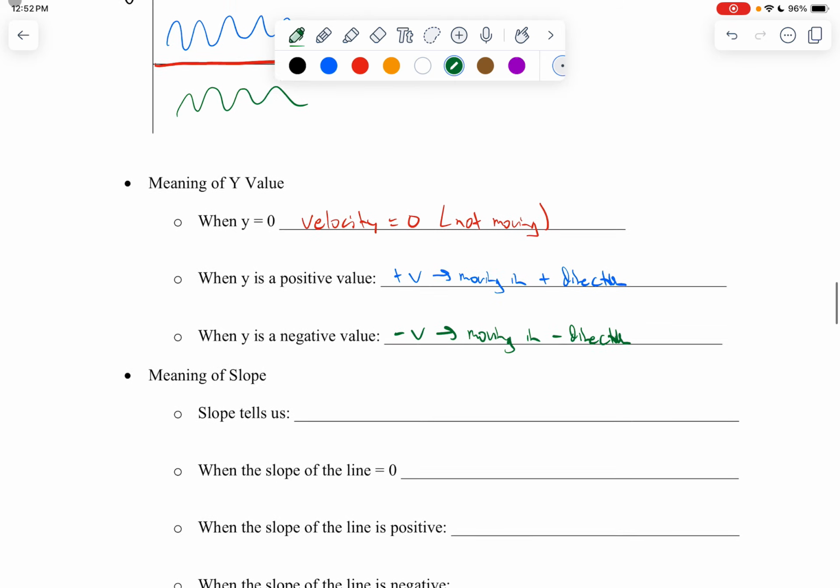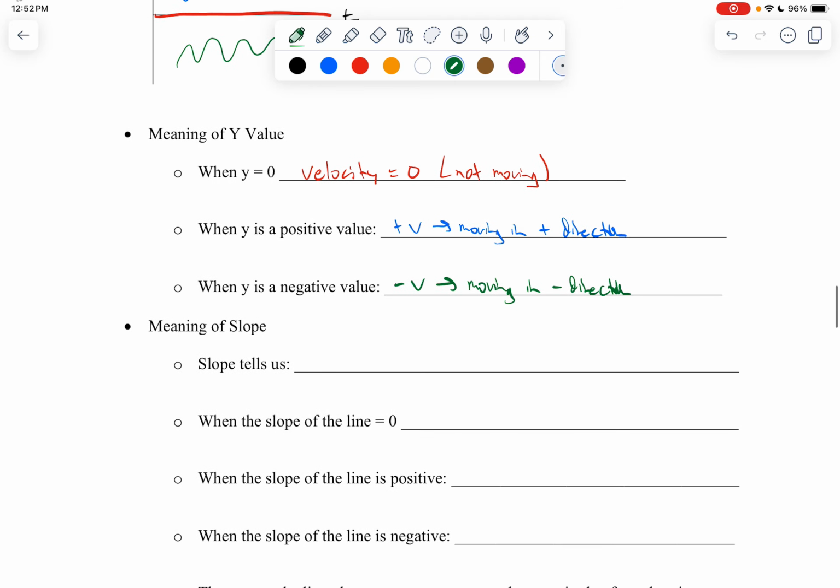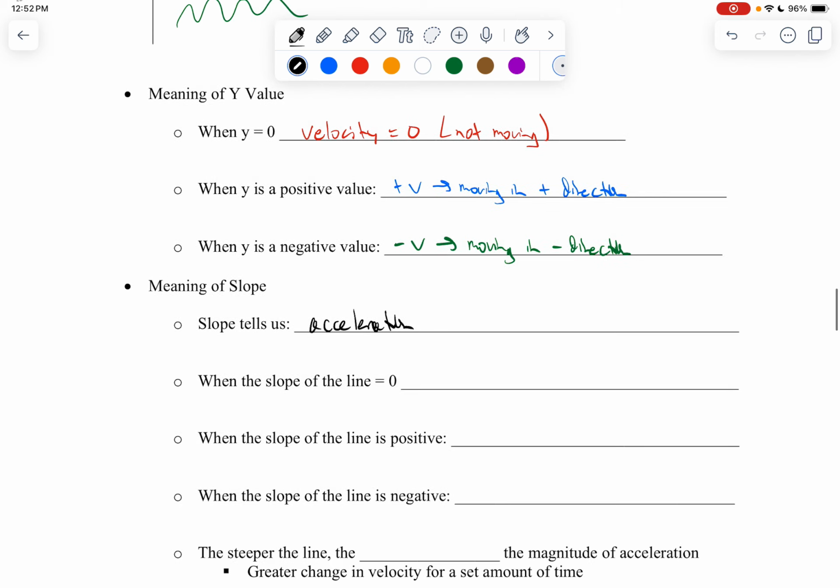So on a velocity versus time graph, the slope tells us something we refer to as our acceleration, basically giving us our rate of change of how quickly that velocity is changing. So again, if we have a slope of 0, it just means that we have no acceleration.